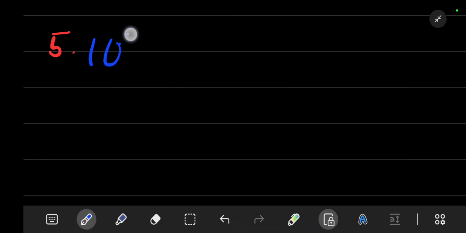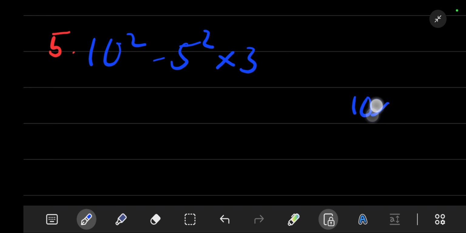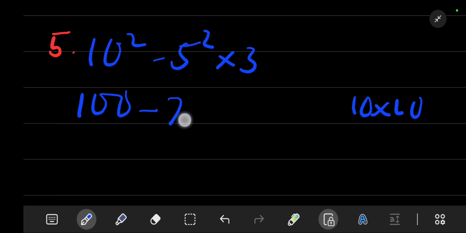We have 10 squared minus 5 squared multiplied by 3. 10 squared simply means 10 times 10, equals 100, minus 5 times 5, and 5 times 5 is 25, multiplied by 3.